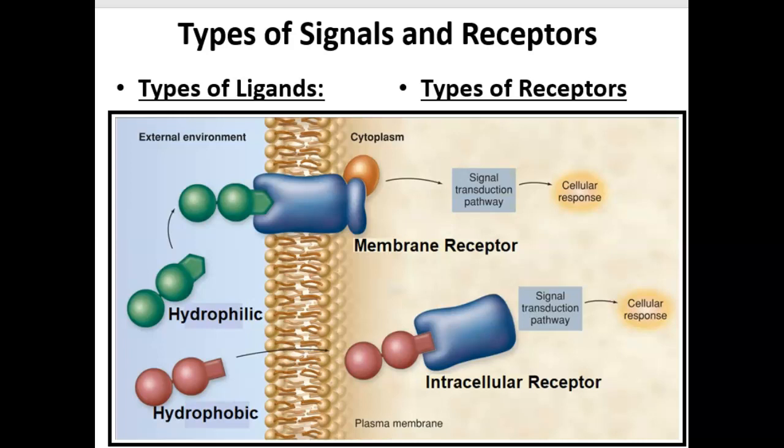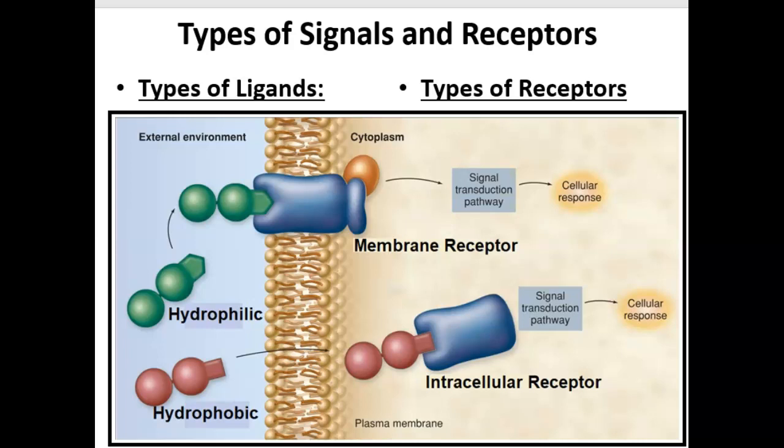The two types of receptors are both proteins, but located in different regions of a target cell. When the protein receptor is embedded in the cell's membrane, it is called a membrane receptor or a cell surface receptor. When the protein receptor is located inside the cell, either in the cell's cytoplasm or nucleus, it is called an intracellular receptor.